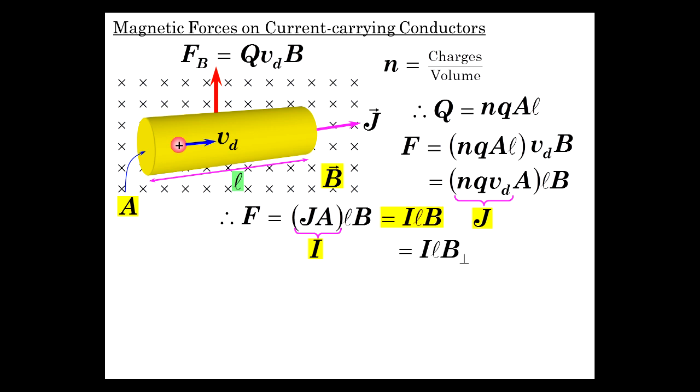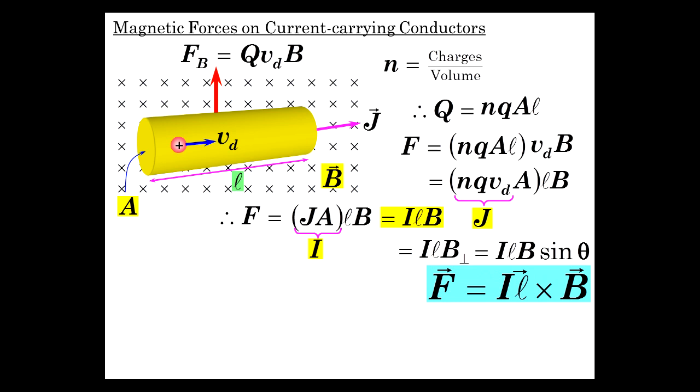Now to be complete, ILB perpendicular, which is ILB sine of theta, and we have a new relationship for force, IL cross B. Look how similar that is to QV cross B. Current, charge. V, well, current is flow of charge, so the velocity is inherent in that. And length of that line of charge, you could say that's flowing, cross B.